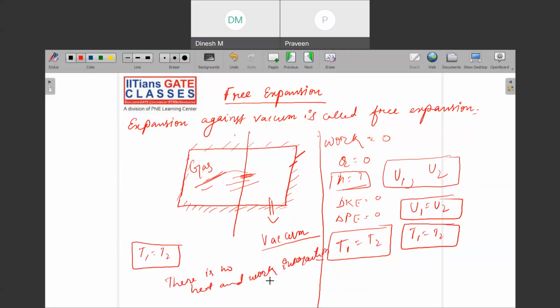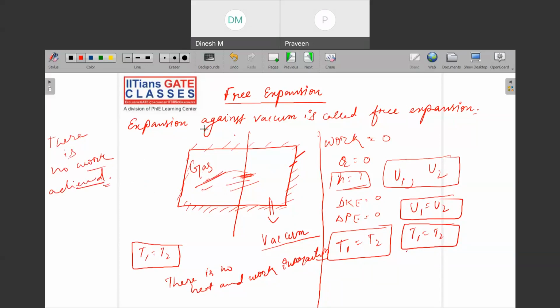Particularly, you will say that in free expansion there is no work achieved. They will keep asking you questions: expansion against vacuum is called what, what is the final temperature, what is the work done.